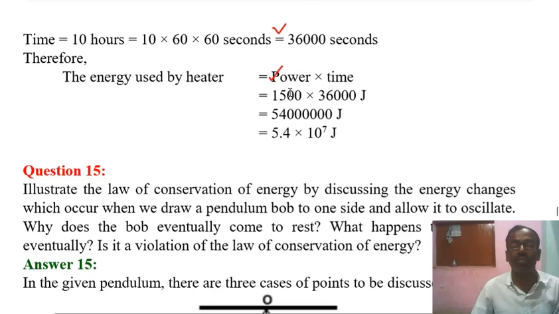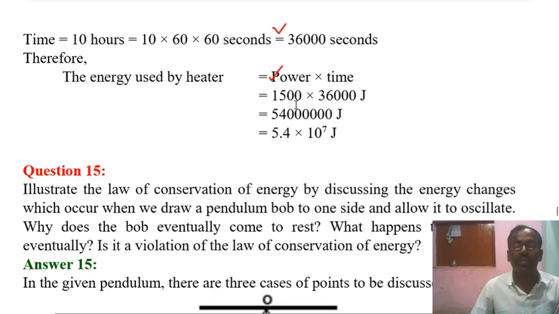Now the value of power is 1500 and time is 30,000 seconds. Altogether these are known as the joule.